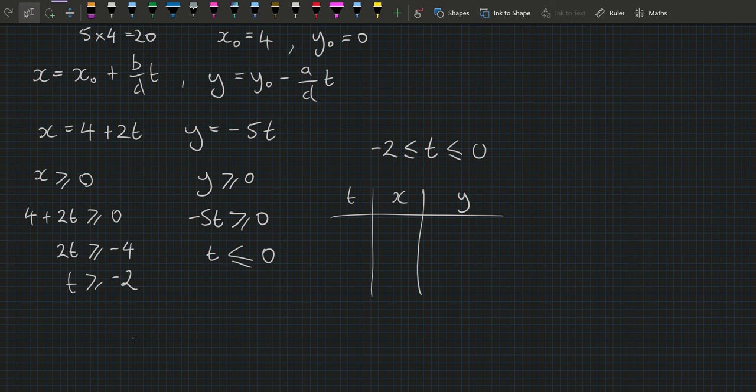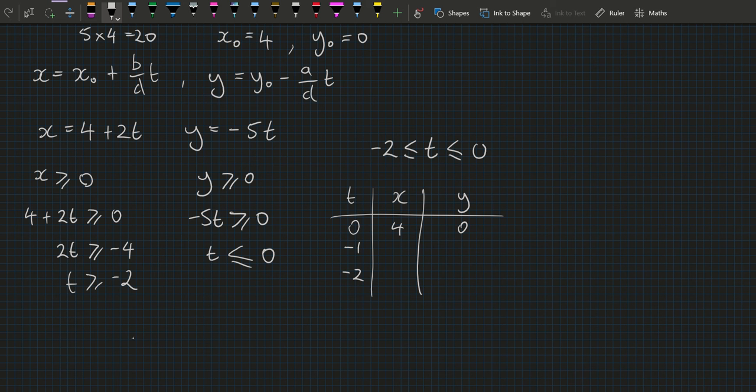So t has to be 0, -1 or -2. If t is equal to 0, then x is equal to 4, and y is equal to -5 times nothing, so 0.